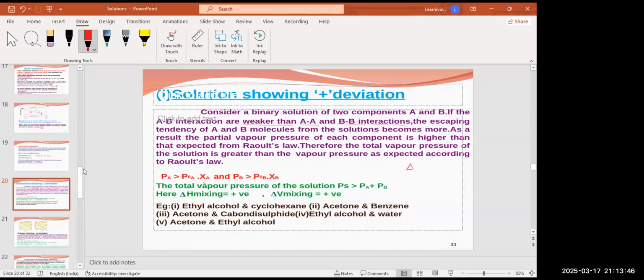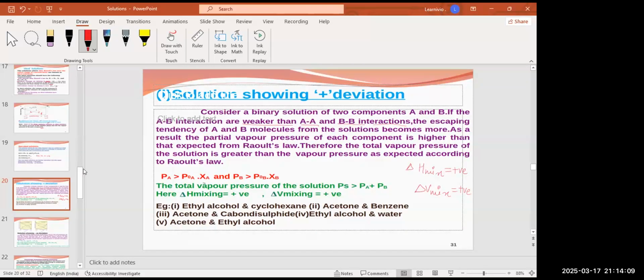So what I said in positive deviation, see, delta H mix of the mixture will always be positive, and delta V mix is also positive, right?